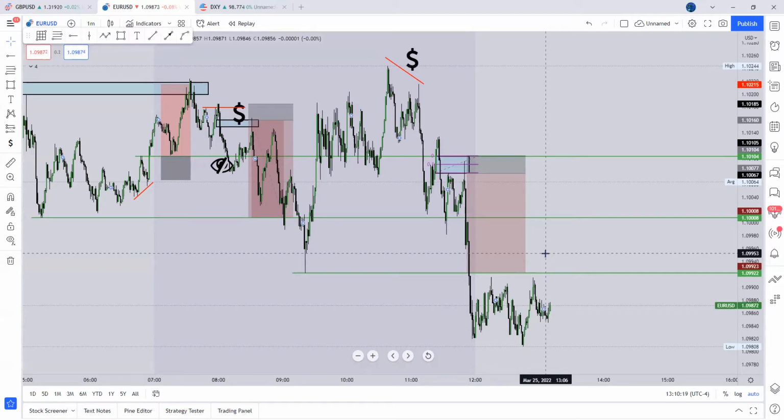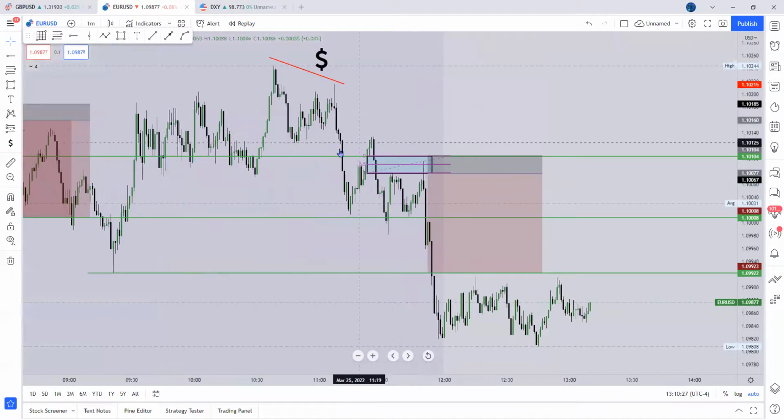So what happens to that imbalance which is below the failure swing? Which imbalance? Just below your failure swing? This one? Above it? That's not an imbalance. Do you mean imbalance in the way that Zay defines an imbalance?